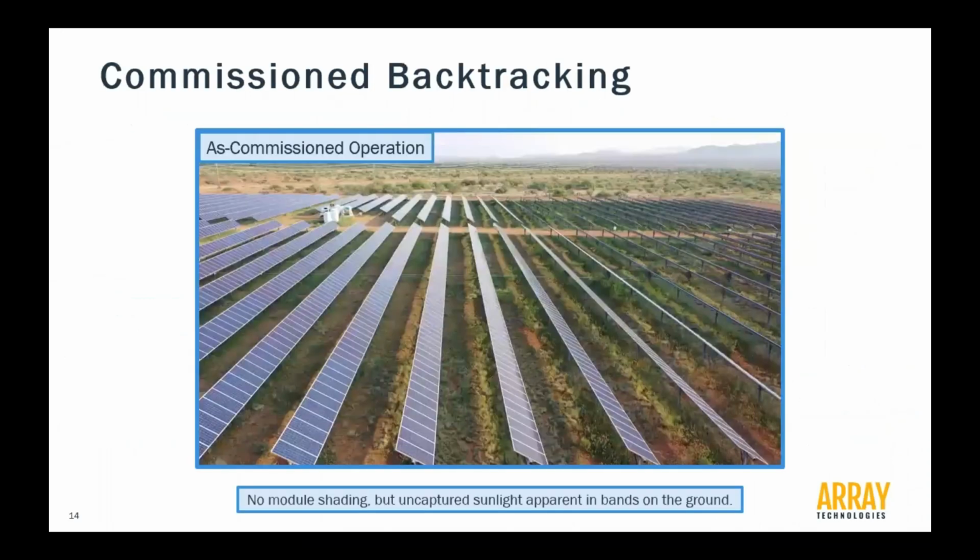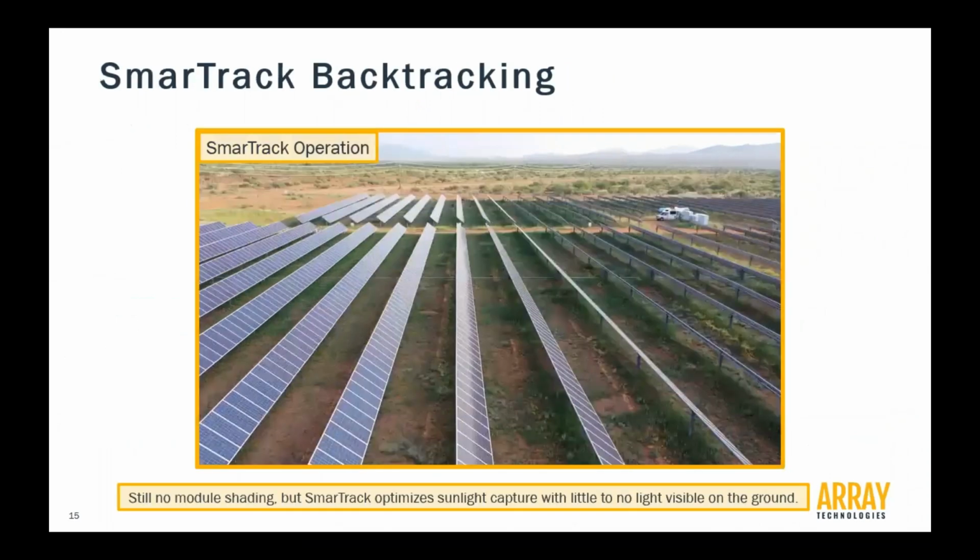Here we have some images showing what you may actually be able to see in the field after SmarTrack is implemented. This image is an example of commission operating during backtracking. It's not showing shading, but you can see this uncaptured sunlight apparent in these sunbands on the ground.